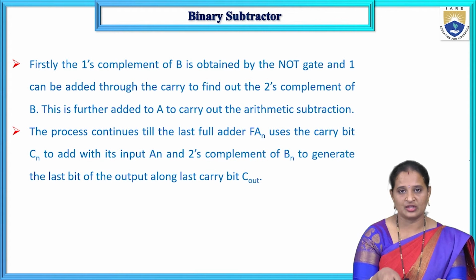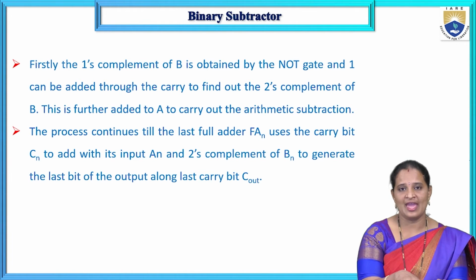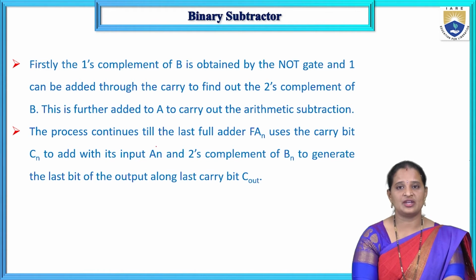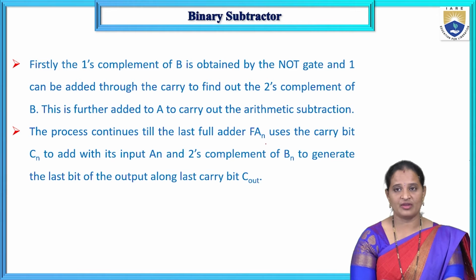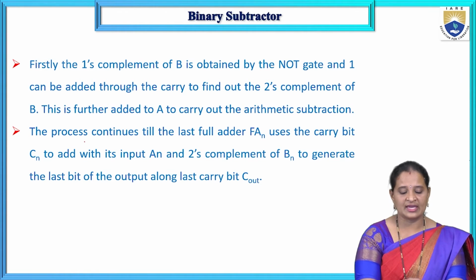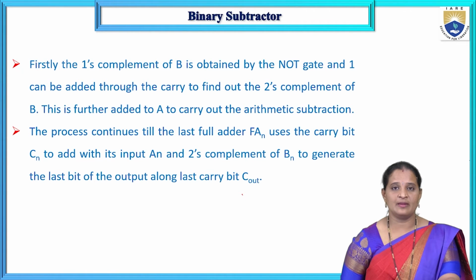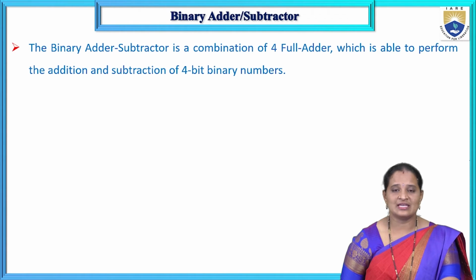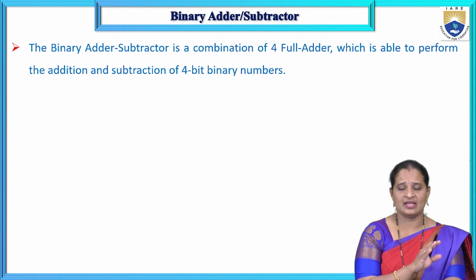So first we get the 2's complement, and then adding it to A will give you the arithmetic subtraction of A and B. This process continues till the last full adder, that is the nth full adder, which uses the carry bit Cn to add with its input An and the 2's complement of Bn to generate the last bit of output along with the last carry bit, that is Cout. So this is the procedure for binary subtraction. Now the binary adder or subtractor is a combination of 4 full adders. So that is about the binary subtractor.